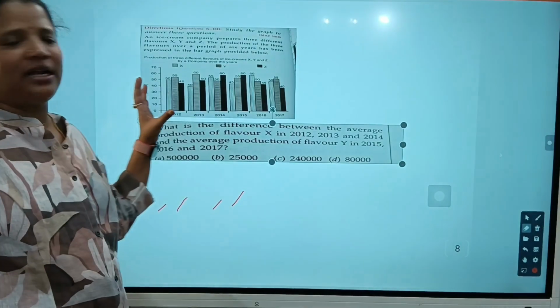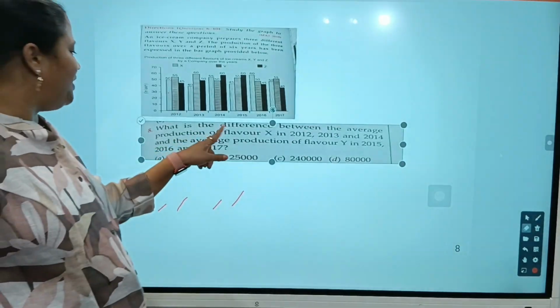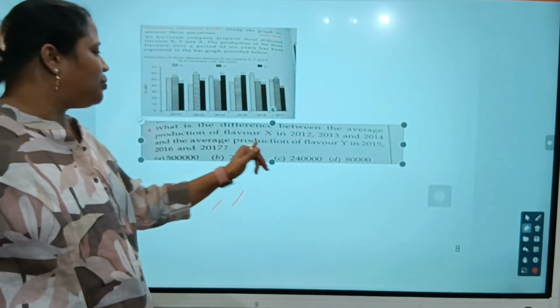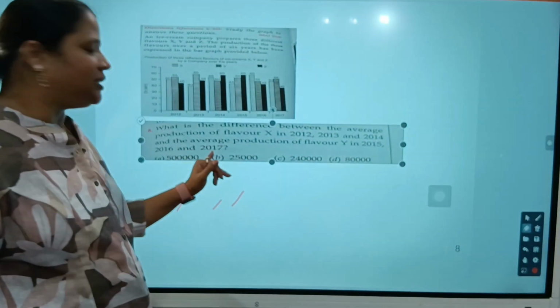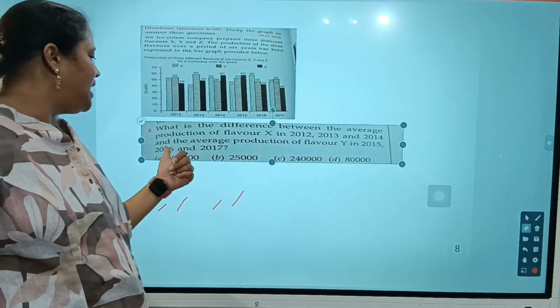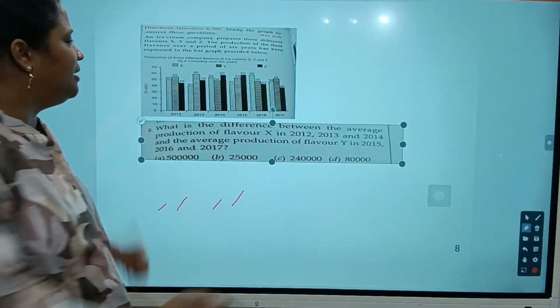Okay, let's move to another question now. What is the difference between the average production of flavor X in 2012-13-14 and the average production of flavor Y in 2015-16-17? Now we have to take X values from 3 different years and Y values from 3 different years.